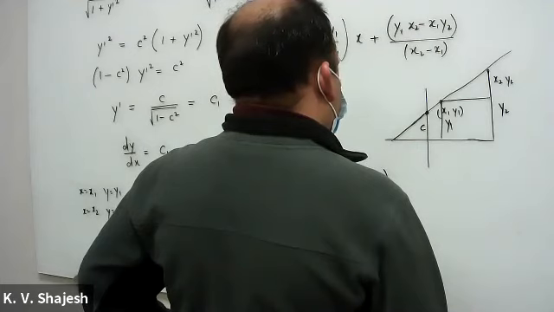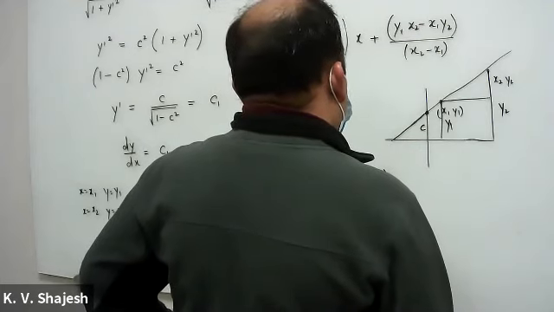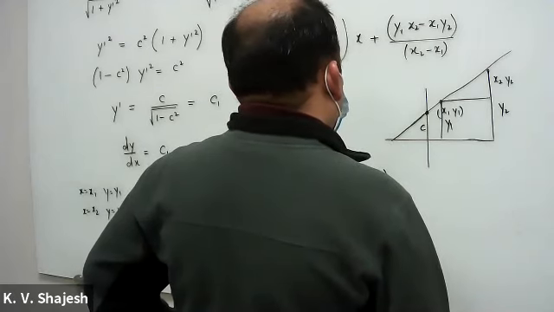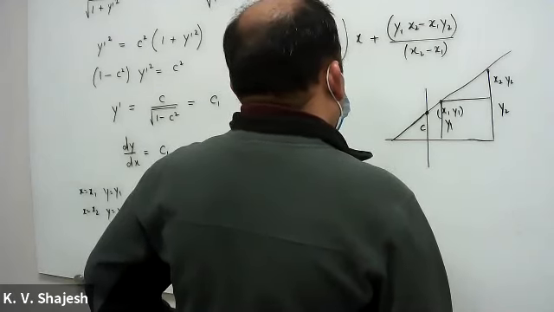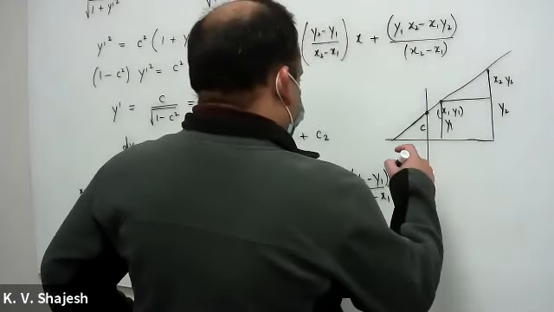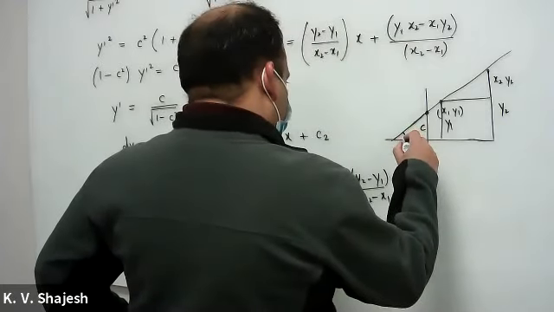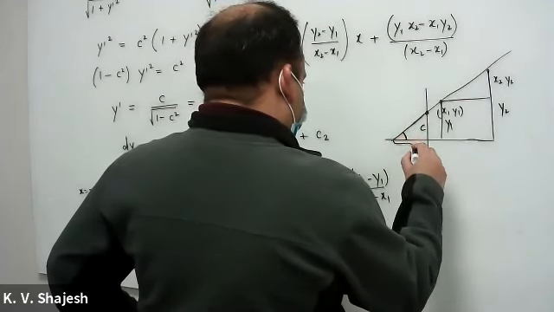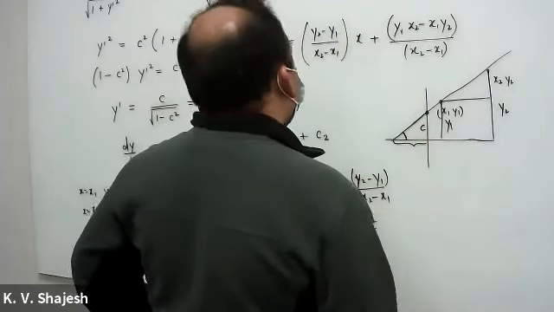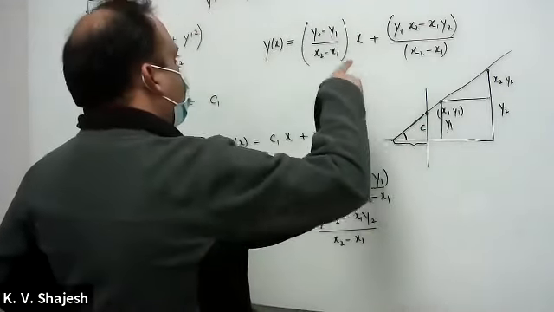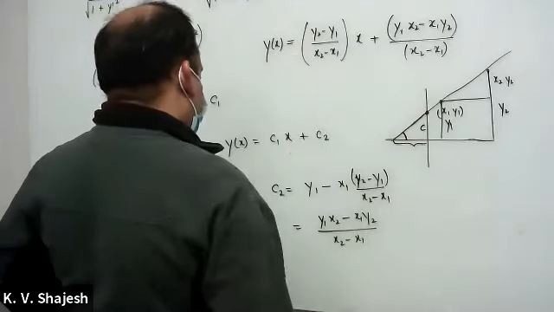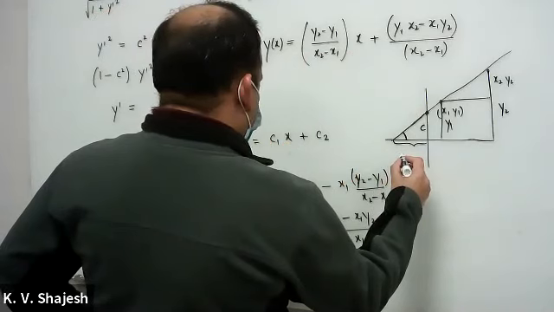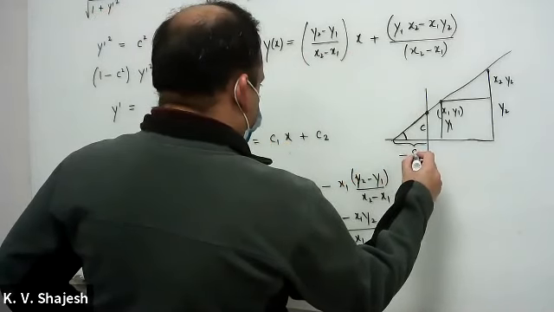Is there any obvious way of seeing this? So what is this distance? If I know the slope here, right? That's my slope. What is this distance? That's your x-intercept, right? So x-intercept is when y is equal to 0, correct? Which is x. So this is equal to minus c2 over c1.